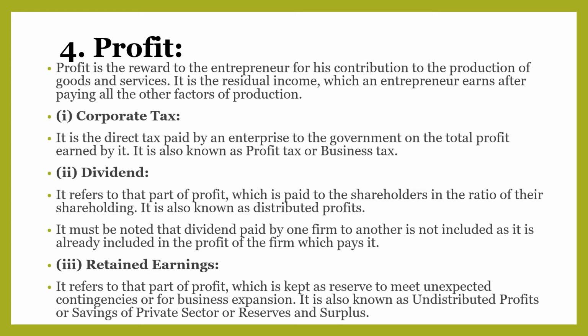It refers to that part of profit which is paid to the shareholders in the ratio of their shareholding. It is also known as distributed profit. Retained earnings: the part of the profit which is not paid out, which is retained to meet unexpected contingencies or for business expansion. It is also known as undistributed profit or saving of the private sector or reserves and surplus.